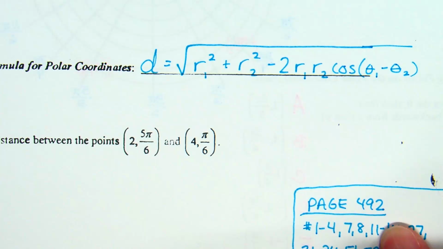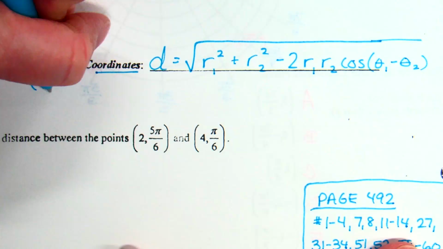And of course, this is based on polar coordinates, so that means this is based on coordinates that are r theta. One of them is r1 theta 1, and the other coordinate is r2 theta 2.